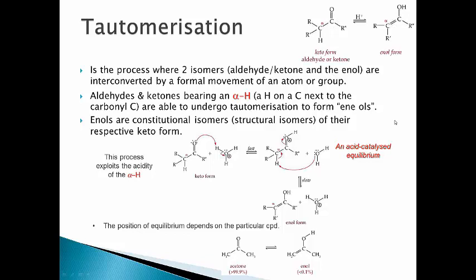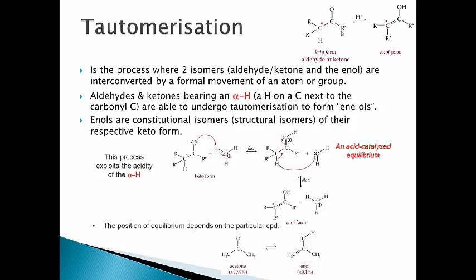So we've got our keto-enol form, and this can be of a ketone or an aldehyde. This is your ketone, and an aldehyde would just be an H instead of this R group. It's the process where two isomers, an aldehyde or ketone with its pair in the enol form, are interconverted by a formal movement of an atom or group.